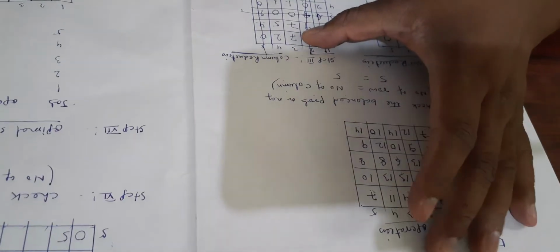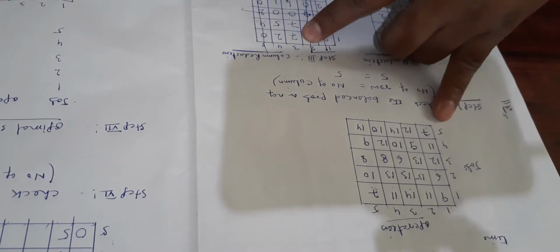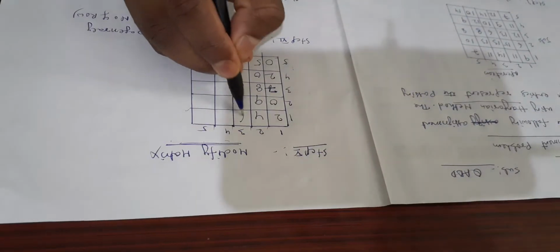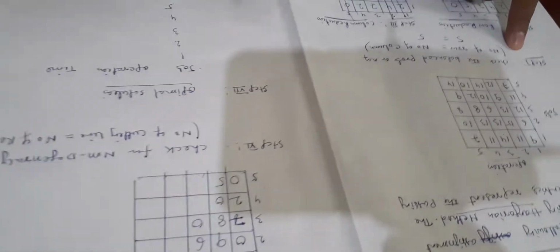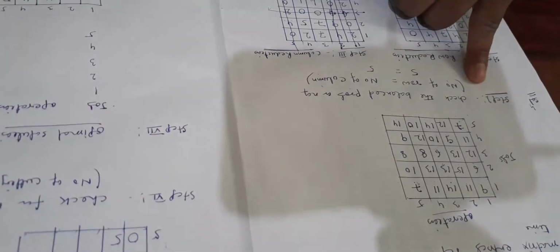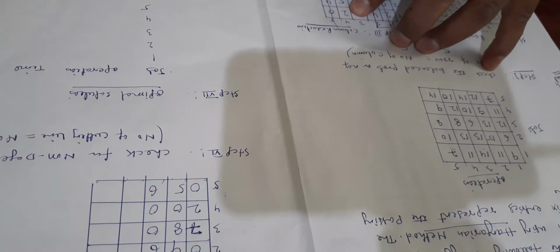Now here is the uncut number 7 and the minimum value is 1, so we have to subtract: 7 minus 1 is 6, here also 7 minus 1 is 6, and 0, write 0. Here 1 minus 1 is 0, and 7 minus 1 is 6. Here is also uncut number 2 and the minimum value is 1.